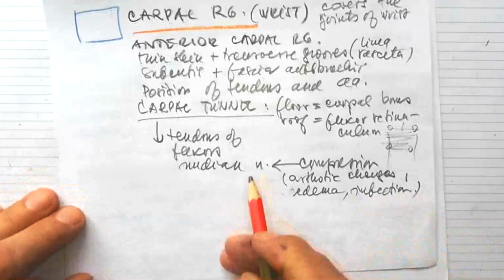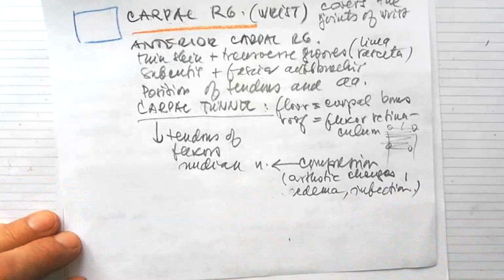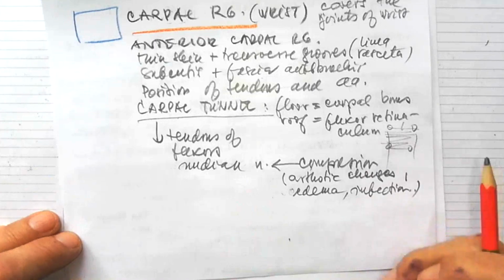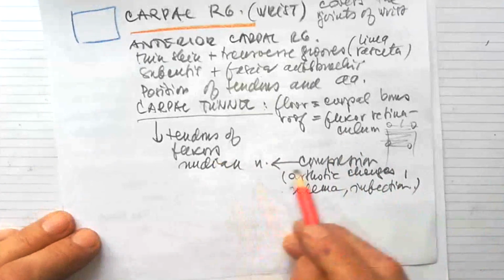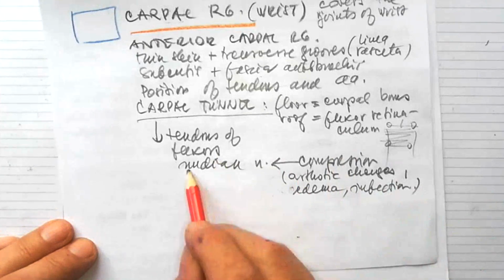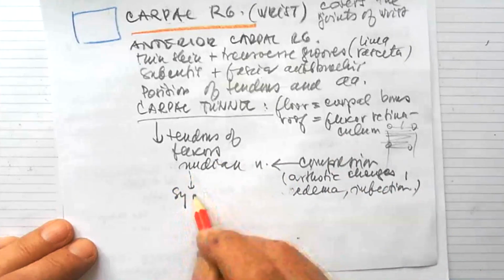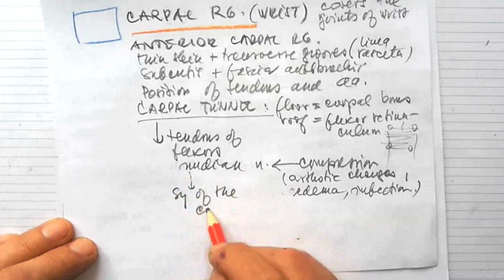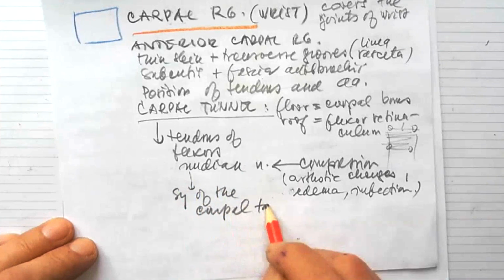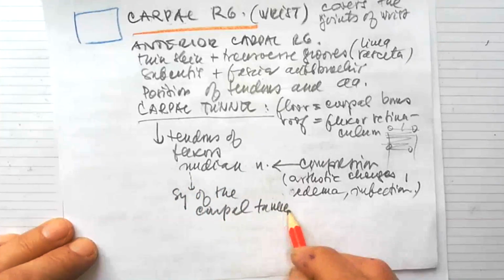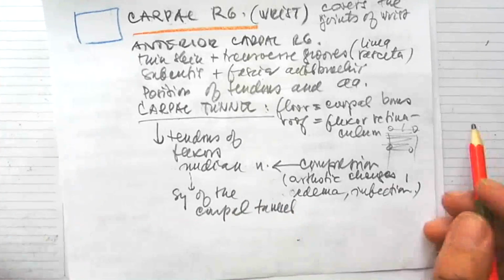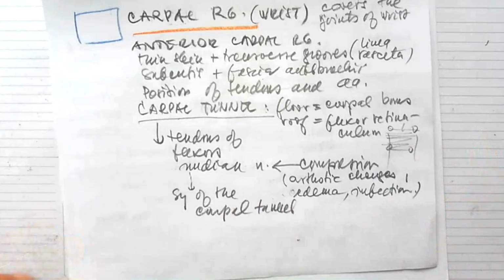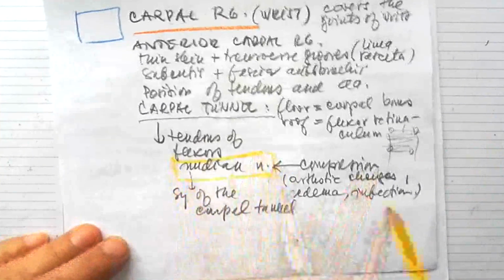More reasons could be thickened connective tissue around the synovial sheath. Doesn't matter. So this leads to the carpal tunnel syndrome, which shows the typical symptoms of the compression of the median nerve. So this was already described.